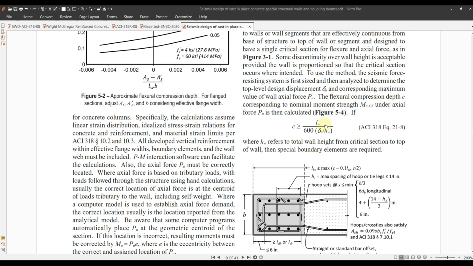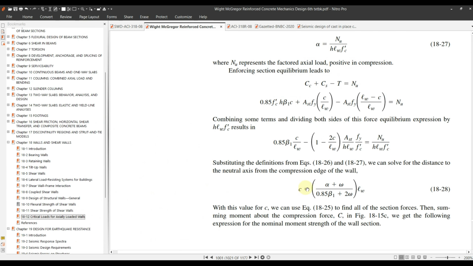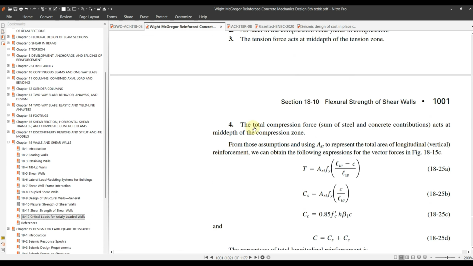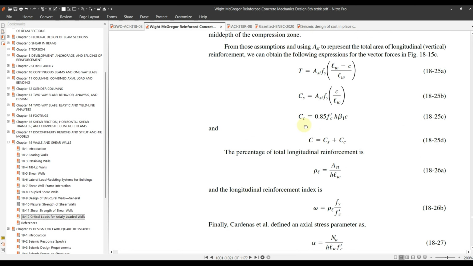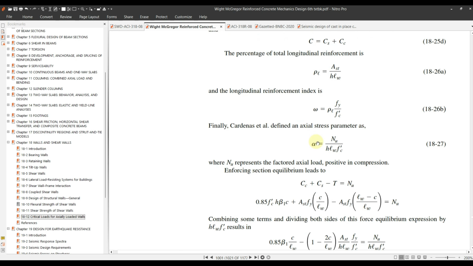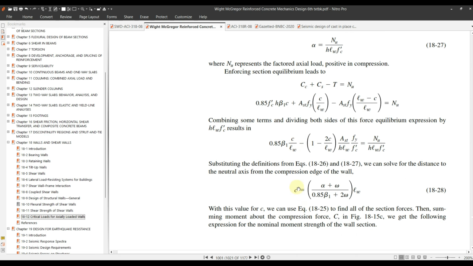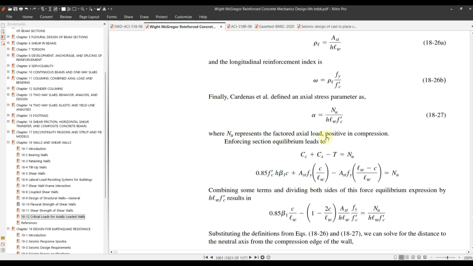This is because in the calculation of the boundary element length, we have seen that c is involved. c is the distance from the compression face to the neutral axis. Again, c is calculated using this formula, which is derived from the book by MacGregor. Using the simple beam displacement diagram, the length of the neutral axis can be calculated using this formula, alpha plus omega divided by this, where alpha equals this and omega equals this.